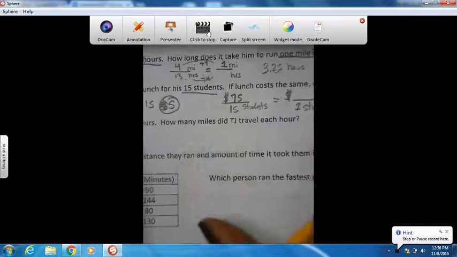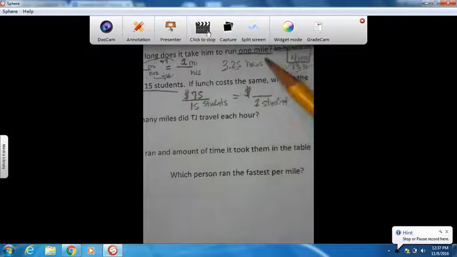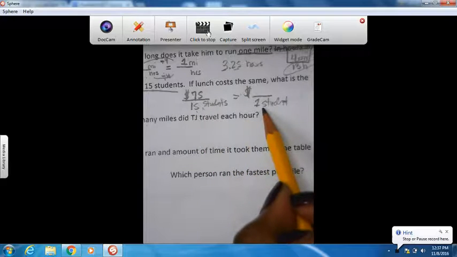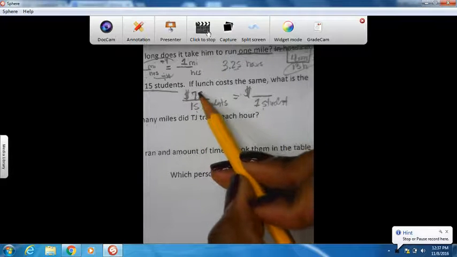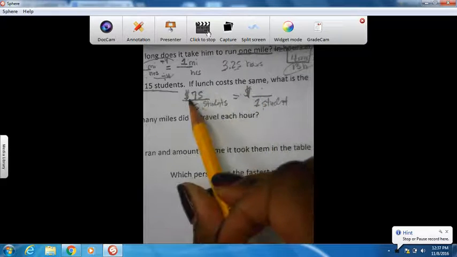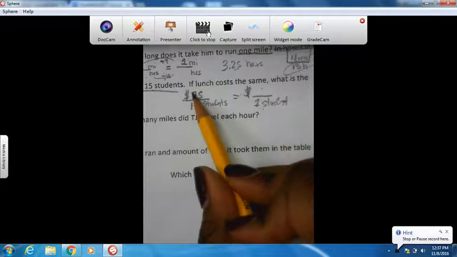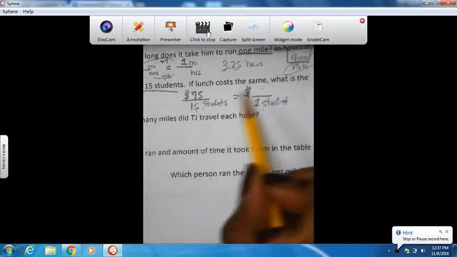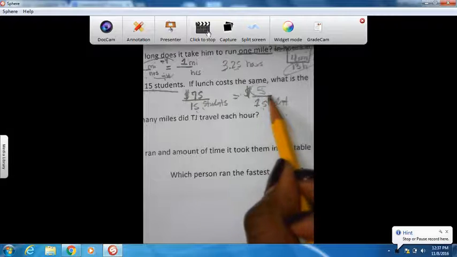So you can solve this like a proportion, and you would still get the same answer. So you can scale down. 15 divided by 15 would have given you 1. So 75 divided by 15 would give you 5. Or you could cross multiply. 1 times 75 gives you 75 divided by 15, and you would still get 5.